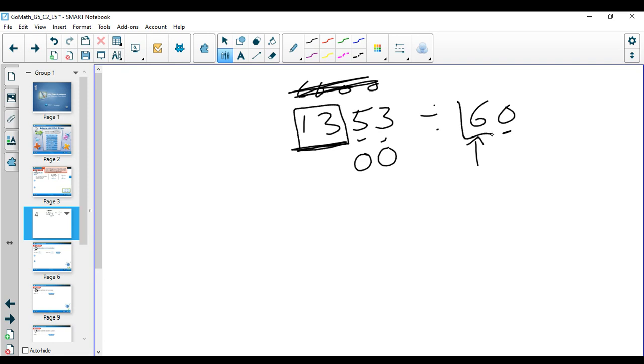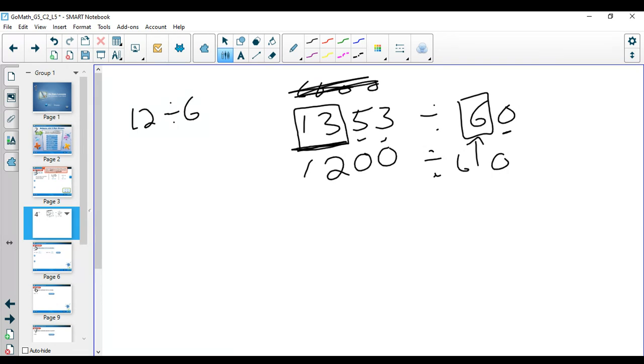I'm going to think about the number 6, and a multiple of 6 that's really close to 13 is 12, right? So I could pretty easily solve 1,200 divided by 60 because I can really easily solve 12 divided by 6.